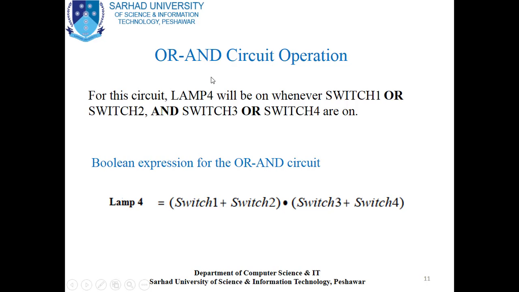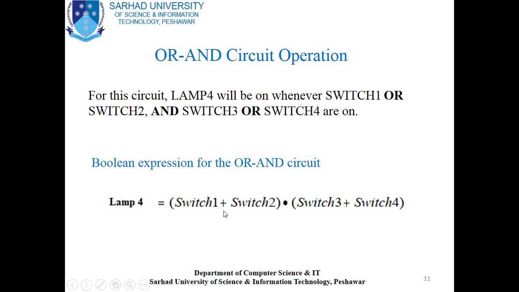This operation can be represented in a Boolean expression, which is given. Here you can see the expression of the OR AND circuit operation. Lamp 4 is equal to (switch 1 or switch 2) and (switch 3 or switch 4).